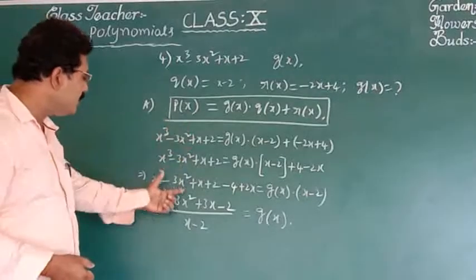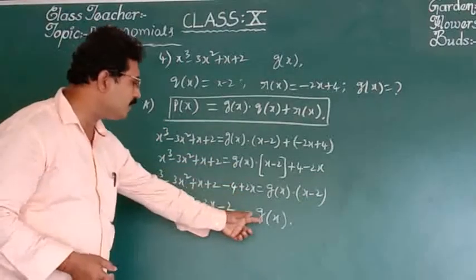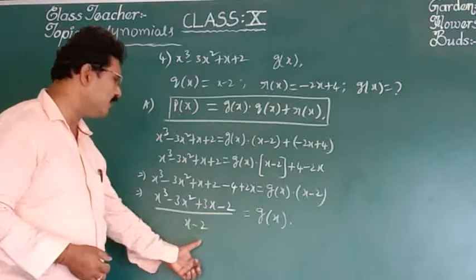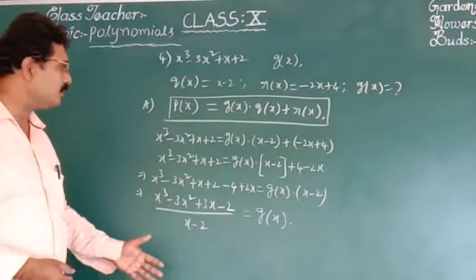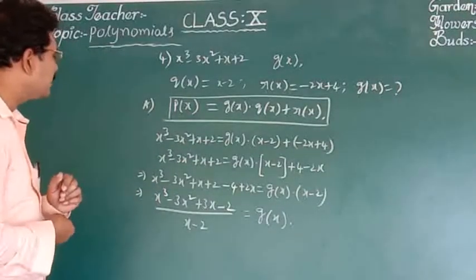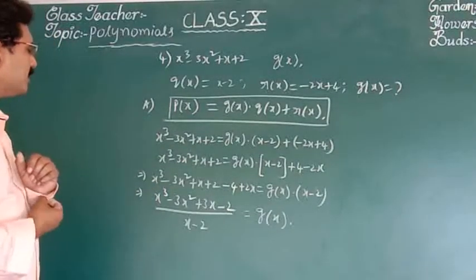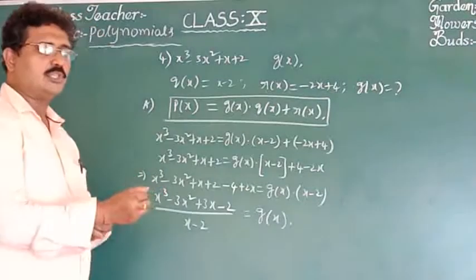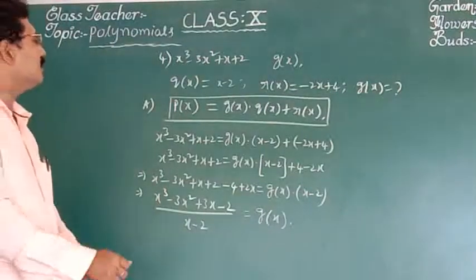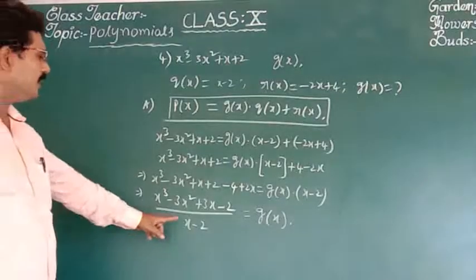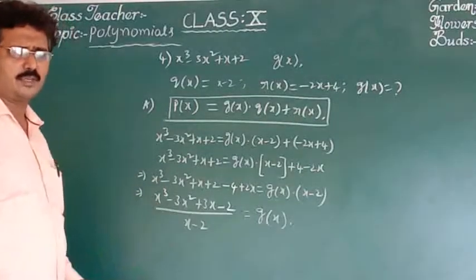Now by using this method we simplify g of x: x cube minus 3x square plus 3x minus 2 divided by x minus 2. First note this down, and after that we have to divide. So that is the way to calculate g of x. Please note down: x cube minus 3x square plus 3x minus 2 by x minus 2 is equal to g of x.